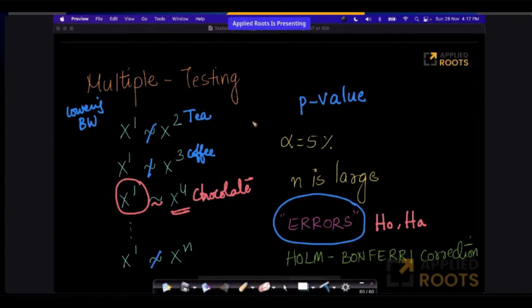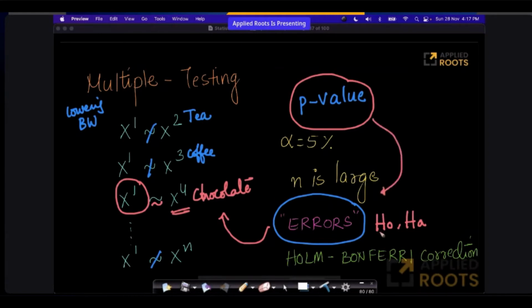So what some of these so-called researchers do is misuse the p-values and hypothesis testing by saying, I'll compare this thing with many of them. They forget, because they probably don't understand how hypothesis testing works, that any hypothesis test in the world will have errors.